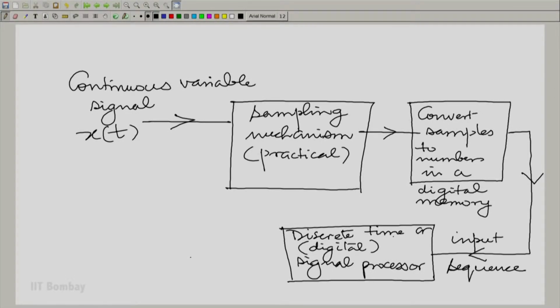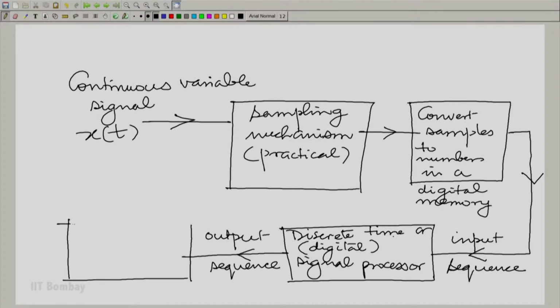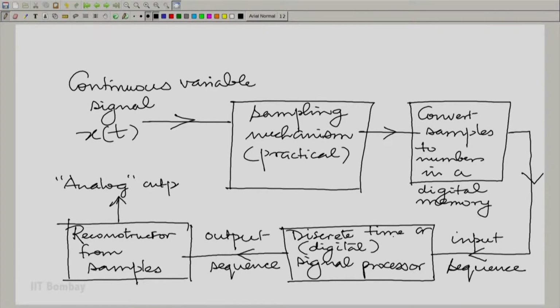This discrete time or digital signal processor would now work on this input sequence and produce an output sequence. And now, this output sequence can be subjected to the action of a reconstructor from samples, and we have seen several reconstructors. This gives you back the analog output or as we said earlier, the continuous variable output.